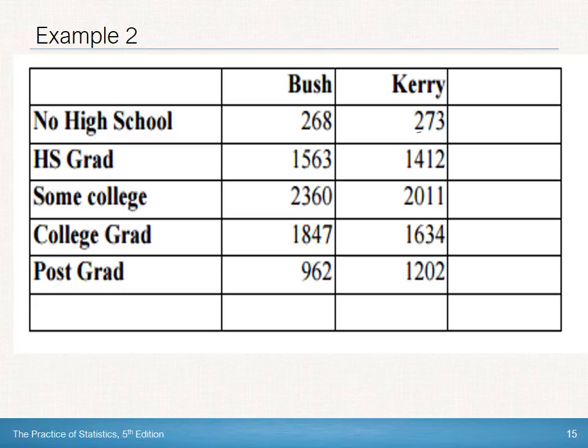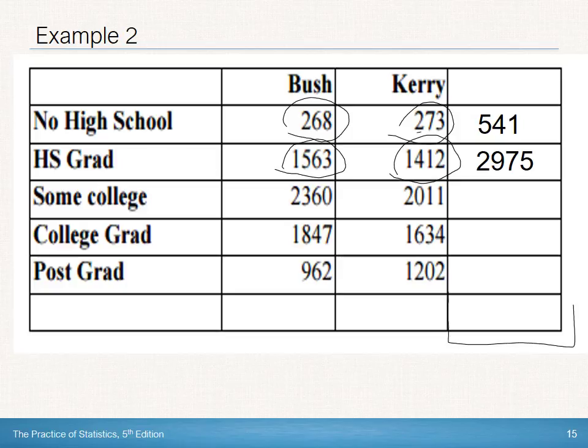Okay, so all you're going to do, so if we want the total for no high school, we're going to add 268 plus 273, and we get 541. Okay, and then we continue down the line. 1563 plus 1412, 2975. We're going to keep going until we have all of our right-hand margin filled in except for the table total.